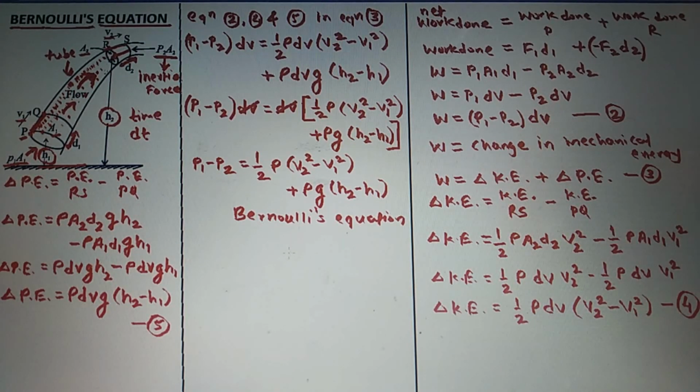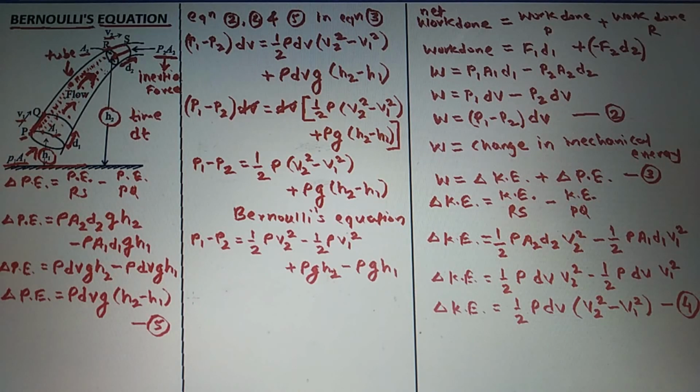So this Bernoulli's equation we can write as P1 minus P2 is equal to 1 by 2 rho into V2 square minus 1 by 2 rho into V1 square plus rho into g into H2, minus rho into g into H1.